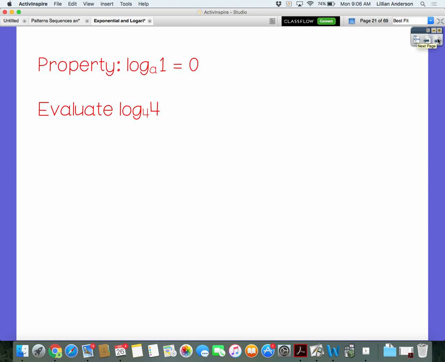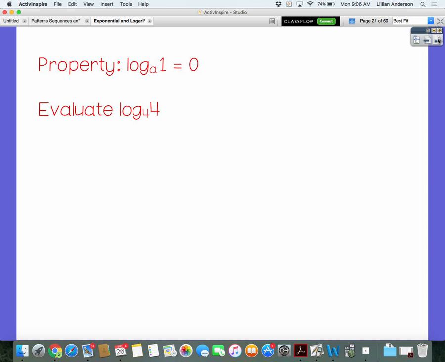That actually is another property of logarithms, so you might want to add that to your notes. Log base a of 1 is 0. So any base, if it's attached to a 1, is always 0. That's the only way you'll ever get 1 when you have a base raised to an exponent.